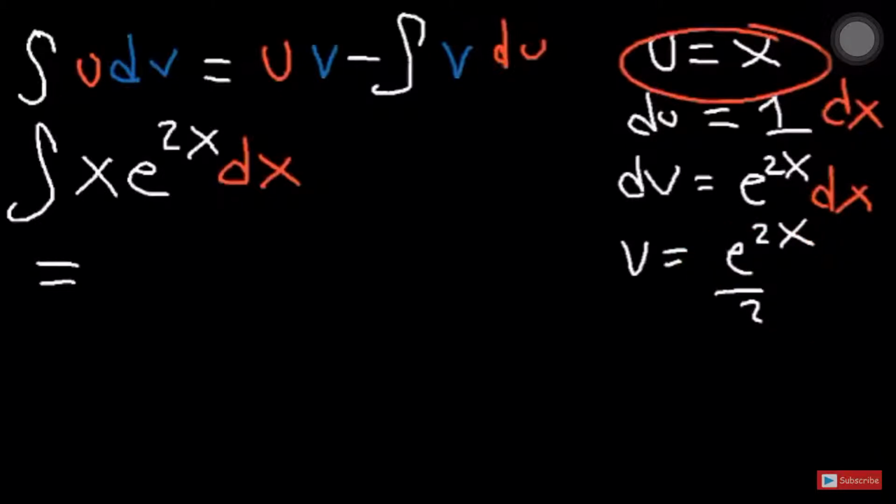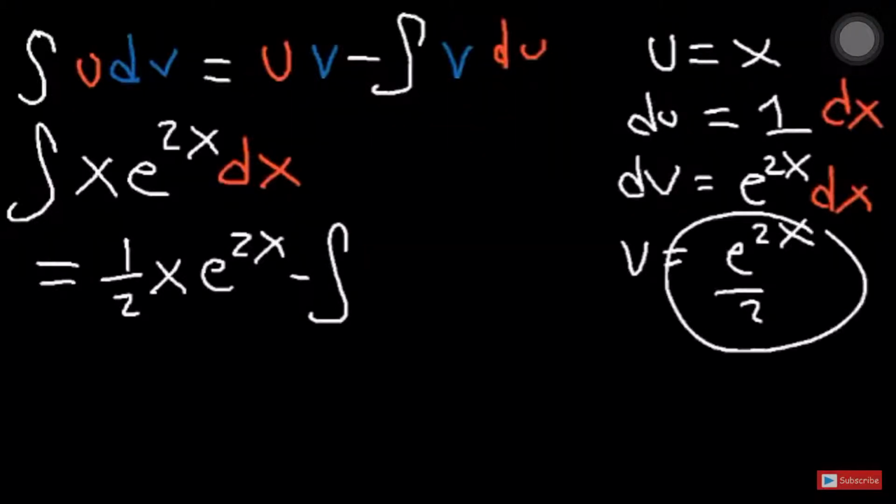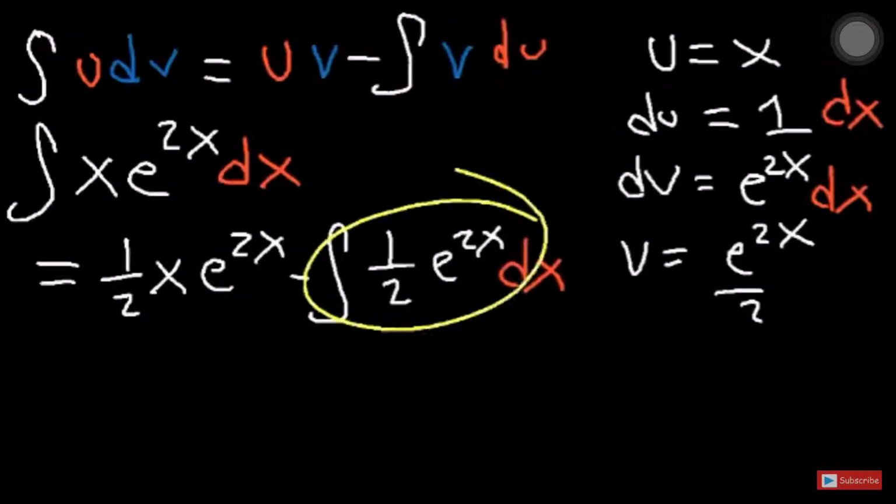So now using the formula, uv, that's 1/2 x e to the 2x minus the antiderivative of v du, which is 1/2 e to the 2x dx. So in this part we can find the antiderivative.